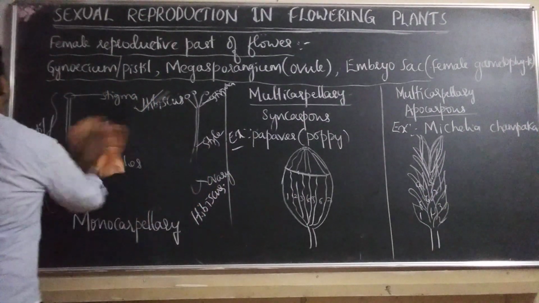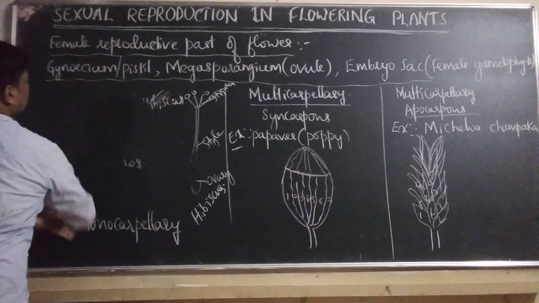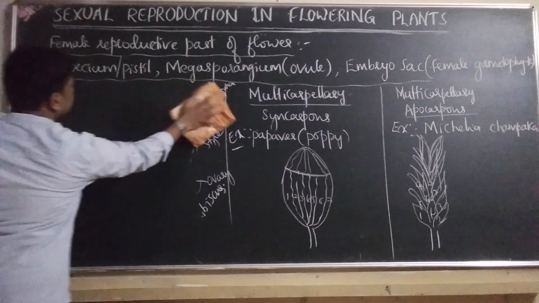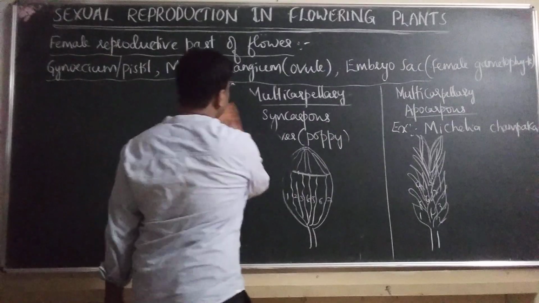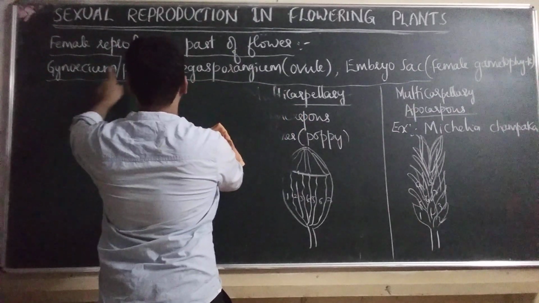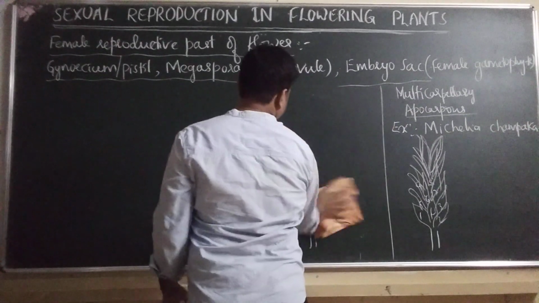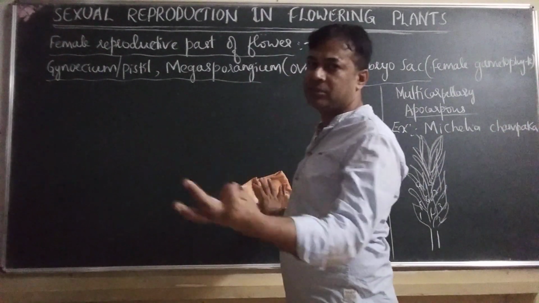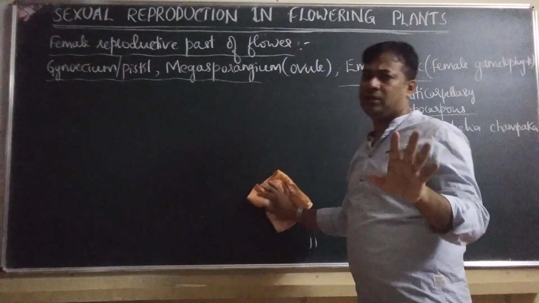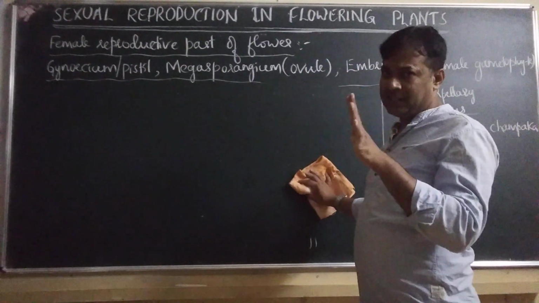Okay, so now let us continue learning. Gynoecium, pistil, carpel: all three are the same, but a slight difference is there.